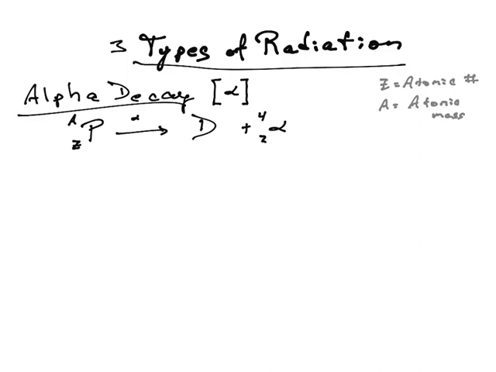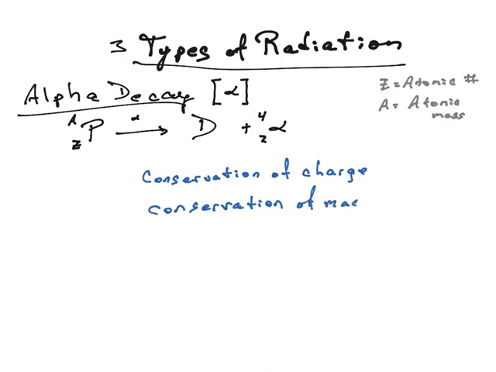And then, to figure out what the daughter is made of, we're going to use the conservation of charge and the conservation of mass. And this always works.